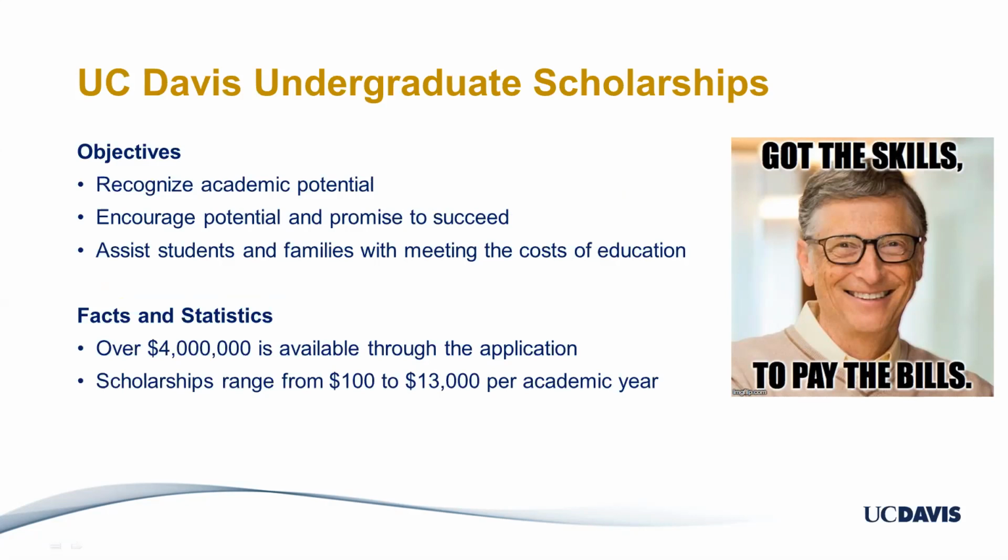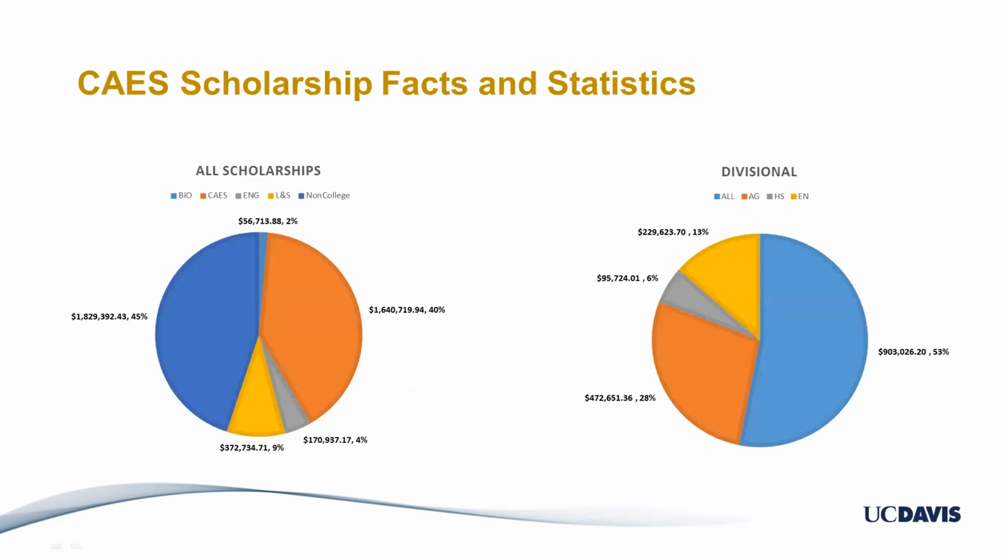Over $4 million is available through this application specifically. Our scholarships range from $100 to $13,000 for the academic year. So it's a lot of money that we're trying to give out to you guys. And the only way you can receive this money is if you complete the application. So we have a very good chance, hopefully, of getting something. We want to give it to you.